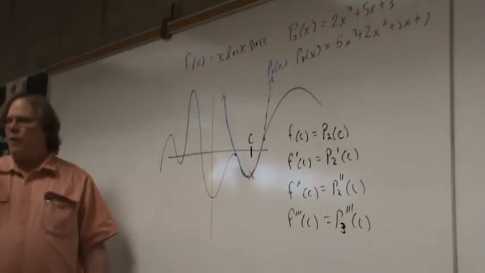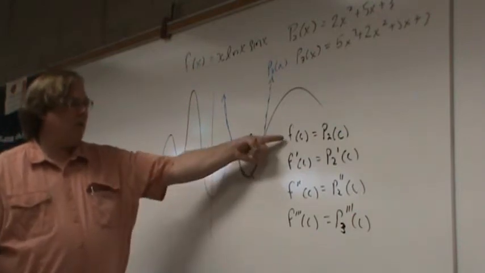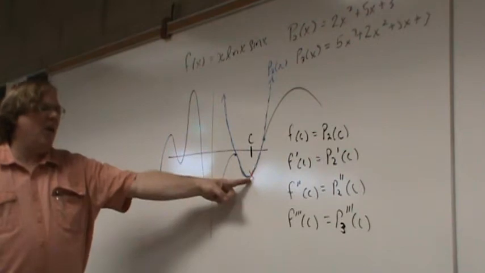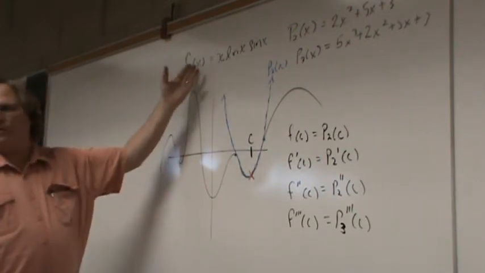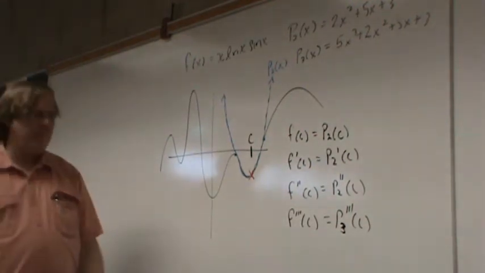If I wanted a fourth degree approximation, then I'd have to make sure that the functional value and first, second, third, and fourth derivatives at C are identical to those of my weird function. And that's how I pull this off.